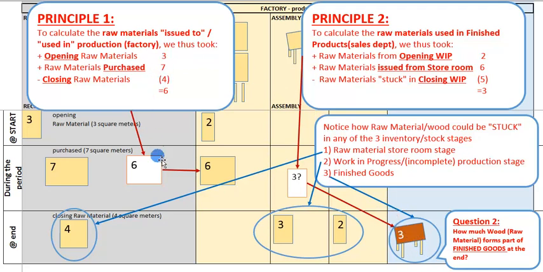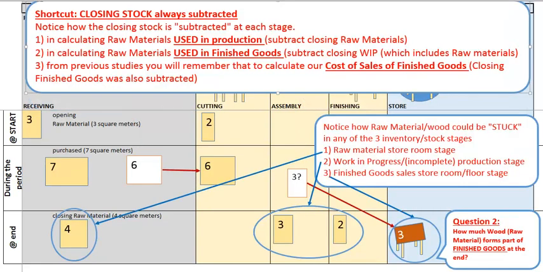Alright, so principle 1, we first had to calculate how much went from the raw materials storeroom into the factory, and then we calculated how much went out of the factory into the finished goods. And in both cases you'll see that we subtract the closing stock. Closing raw materials subtracted there, and closing raw materials stuck in work in progress subtracted there.